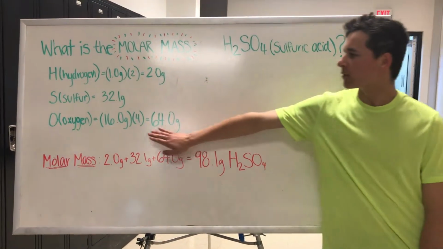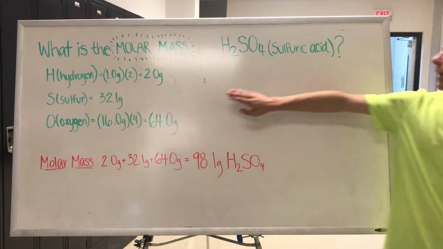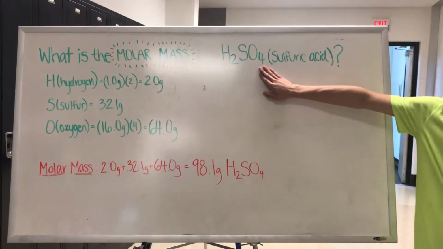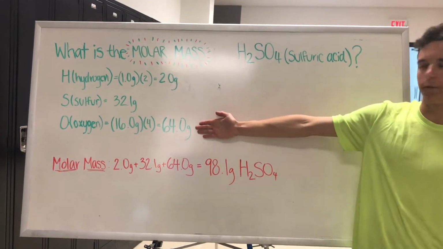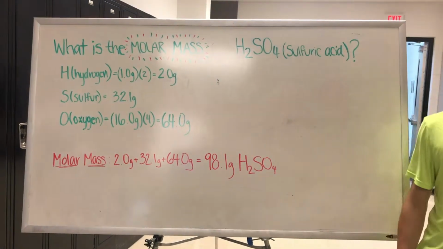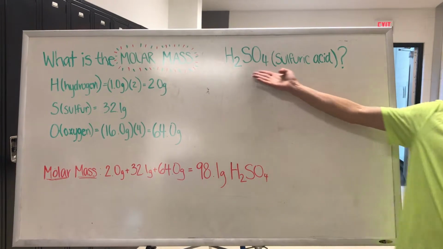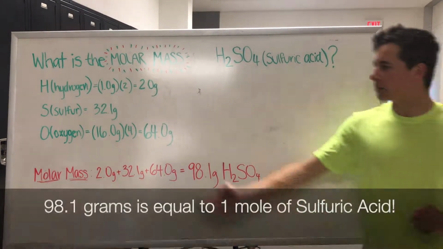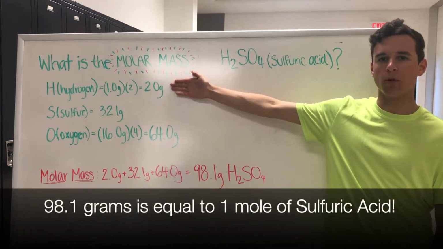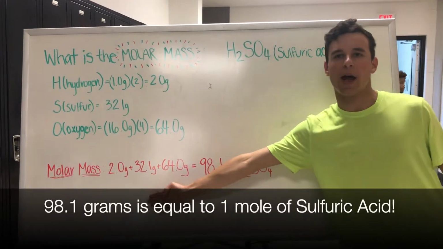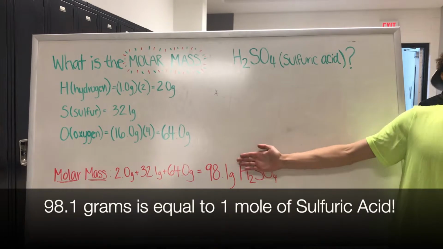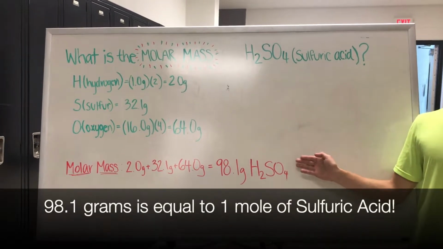Translating that into grams, we get 16 grams, and there are 4 particles, or 4 moles. So we take 16, times 4, and we get 64 grams. Now to find the molar mass of the entire molecule, we add up all of the individual molar masses of the component atoms, hydrogen, sulfur, and oxygen, to get 98.1 grams as the molar mass of sulfuric acid.